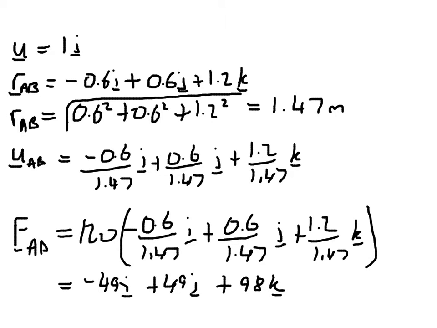And now I can transfer those 3 bits of information, so my unit vector, my position vector, my force vector, this unit vector being for the axis around which you want the moment to be calculated. I can transfer those into a matrix.